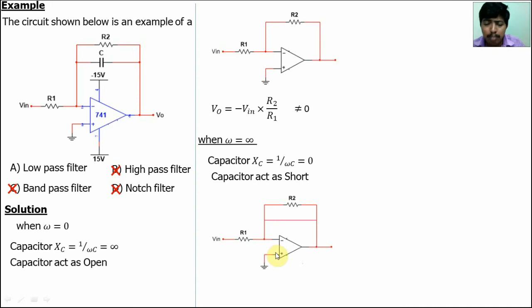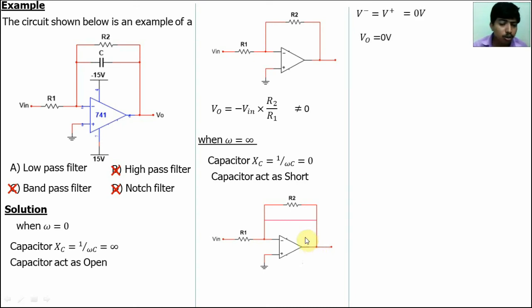By the actual concept, V plus is equal to V minus, so V minus is equal to 0. V minus is directly connected with V0, so V0 is equal to 0. You may use any one concept. When the frequency is high, it attenuates. So definitely the filter is a low pass filter.